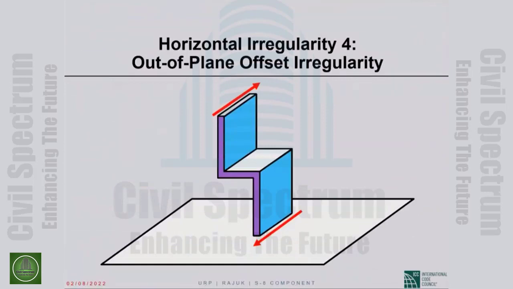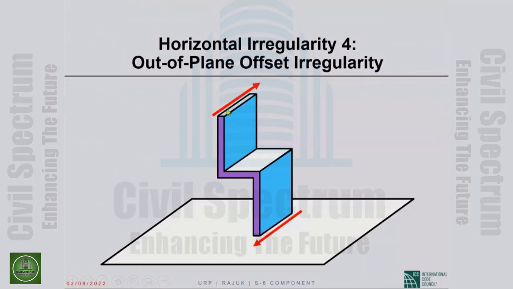So this is a very graphic picture that comes from FEMA. And so this picture makes an important point. So this shear wall was coming down, but then it makes an offset and comes down a different line.